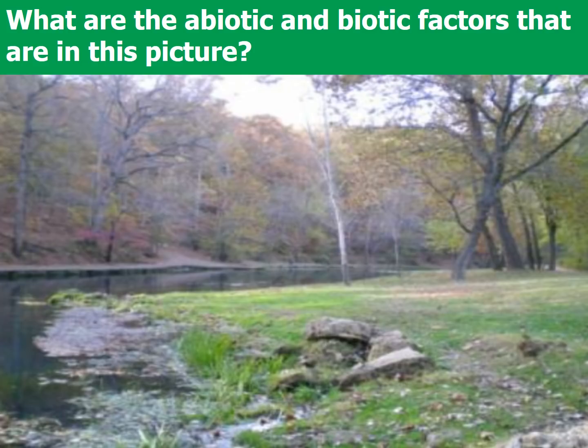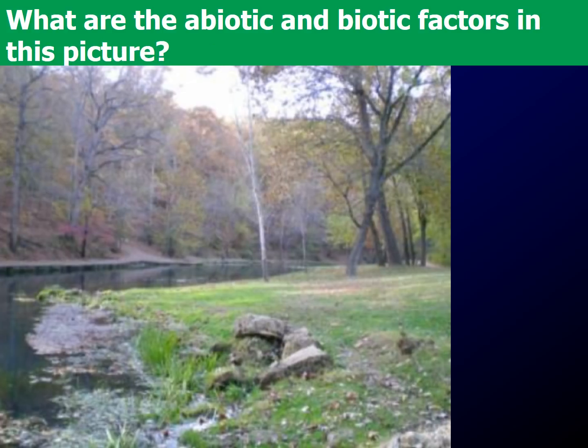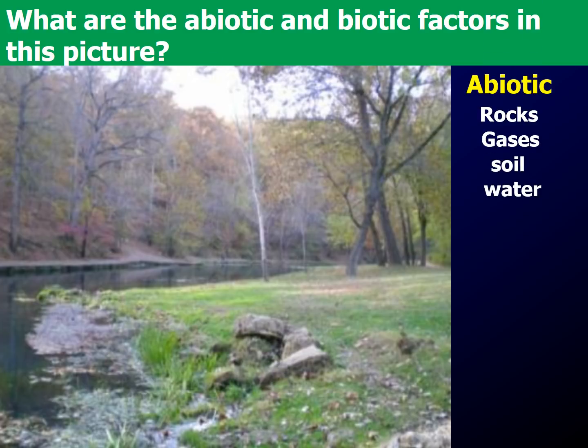What are some abiotic and biotic factors that are in this picture? There are several abiotic factors in this picture, to include rocks, gases, carbon dioxide and oxygen, soil, water, temperature, and sunlight.